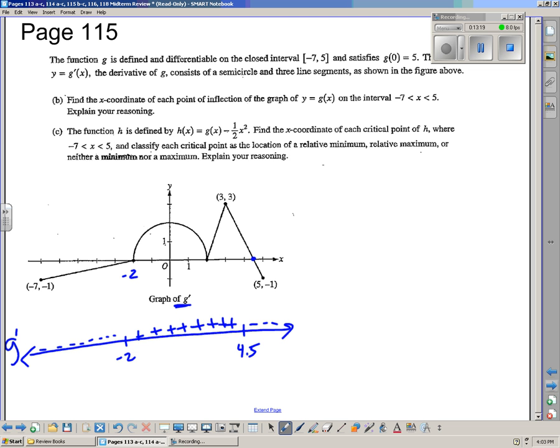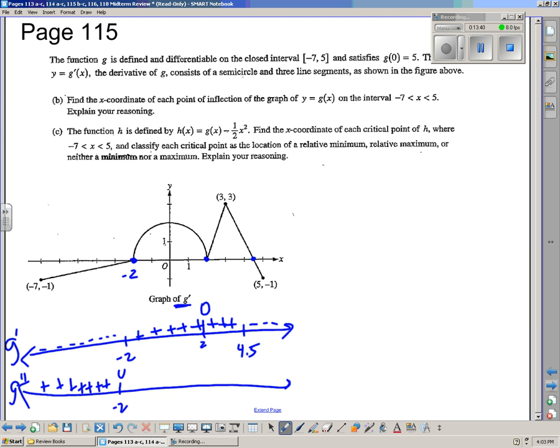And then below. And actually at 2, if you were to be particular, at 2 you have a 0, but no sign change. So now g double prime, we're looking at the slope of g prime. So the slope of g prime is positive, so you get to -2. Then we get a corner or a cusp here.